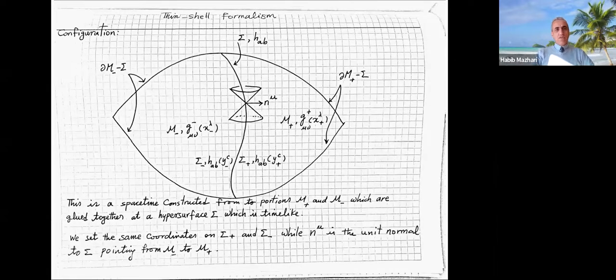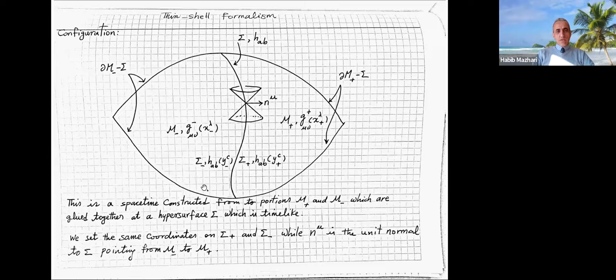So let's see the configuration in general relativity. You see here a picture. We have two space-times, one is M minus and the other M plus, two manifolds, let's say. And they are joined or glued at the surface in this specific figure. This hypersurface sigma is time-like. Of course, it can also be space-like or null, but since the time-like ones are more interesting and have more application, I fully concentrate on the time-like shell.